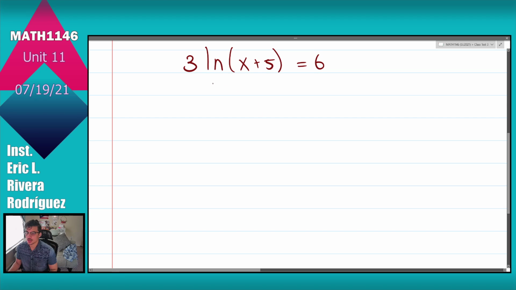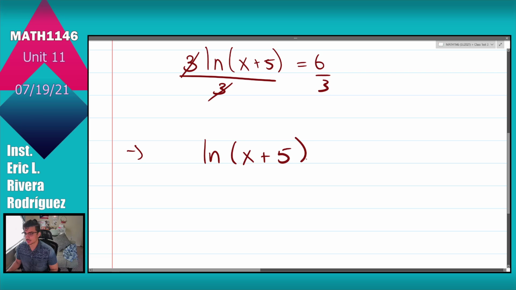The first thing is that we want to have the one logarithmic function on one side of the equation. So this 3 here needs to go on the right side. We divide both sides by 3, and then we get natural log x plus 5 equals 2.